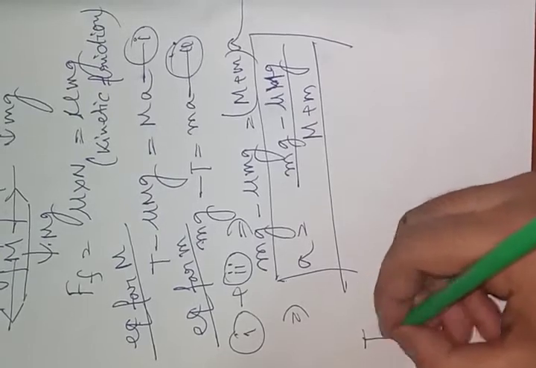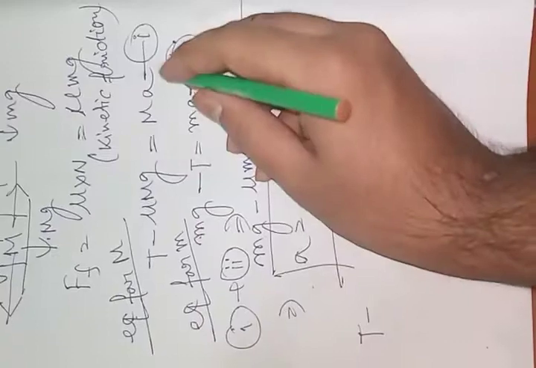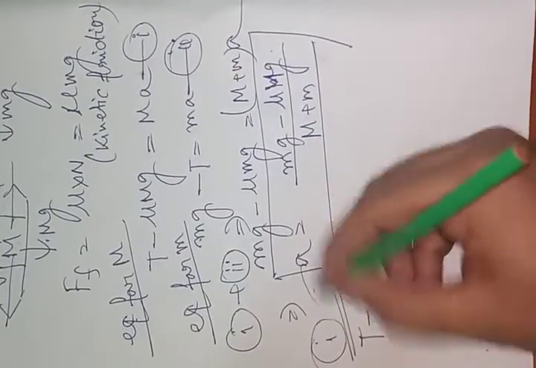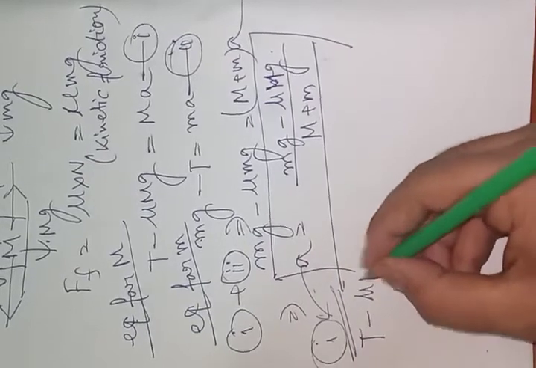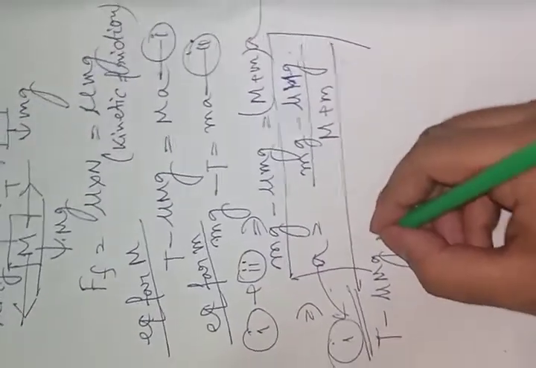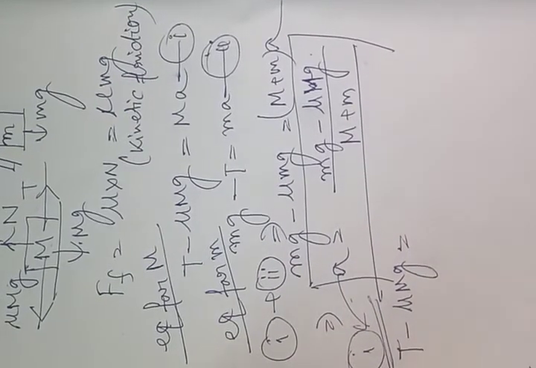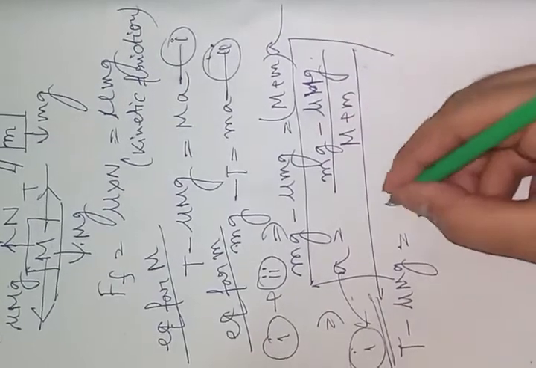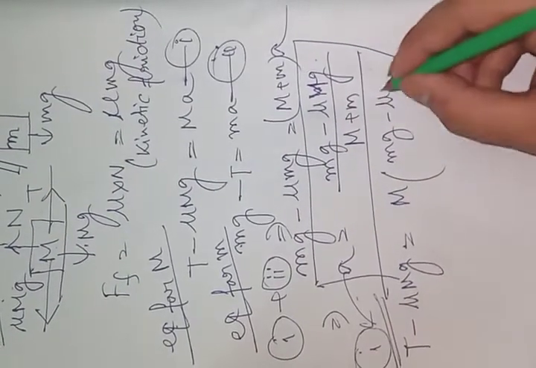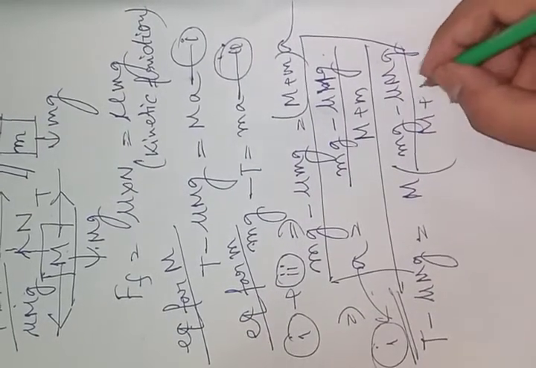Now we have to find the tension. Simply put this acceleration in equation 1. So T minus mu Mg is equal to M into a, that is M times (mg minus mu Mg) divided by (M plus m).